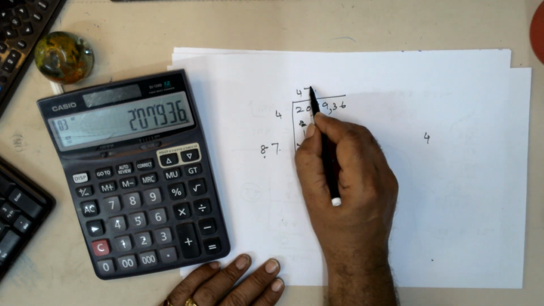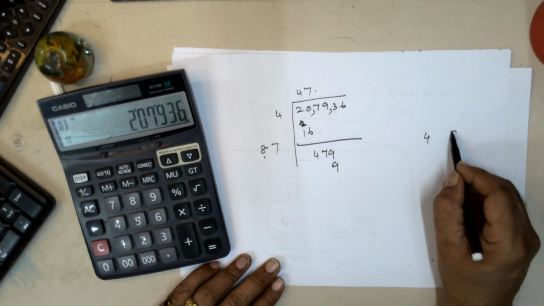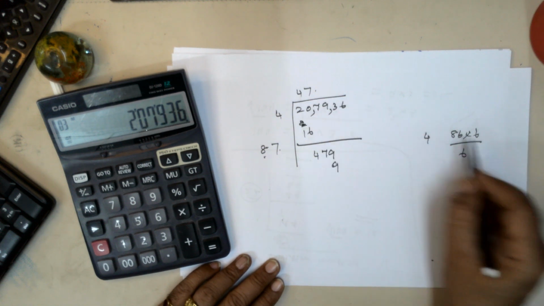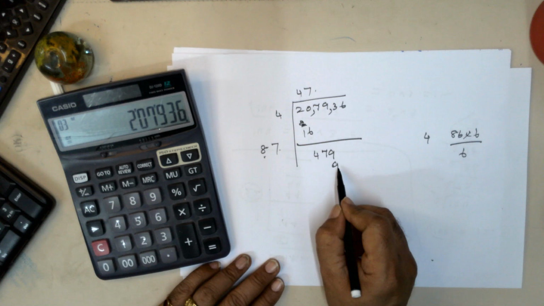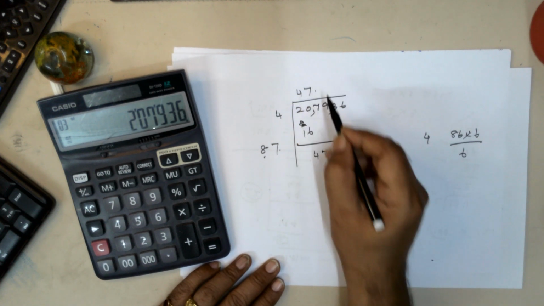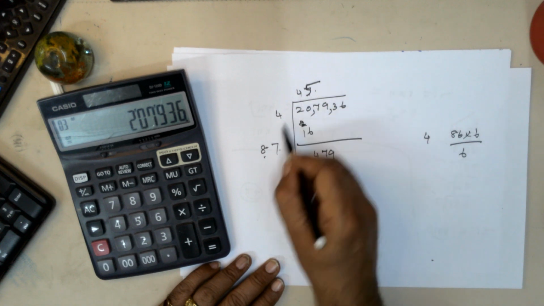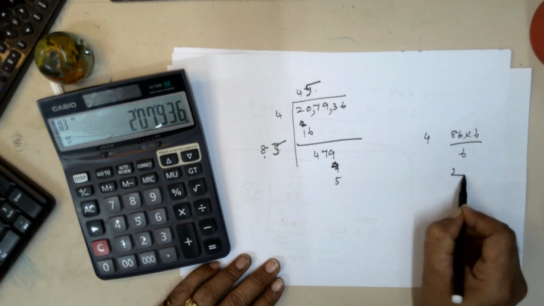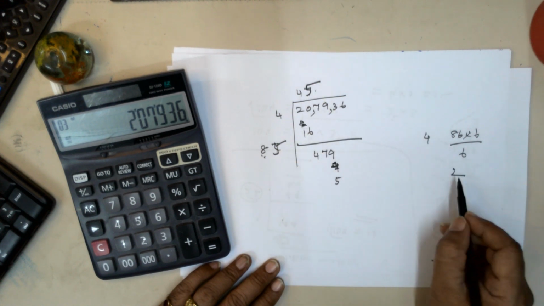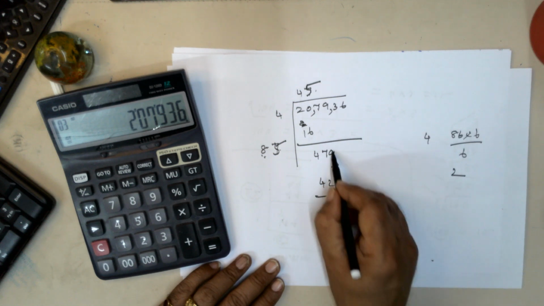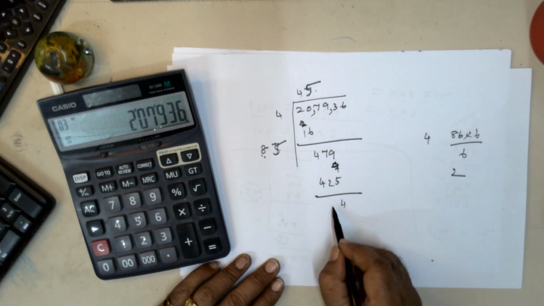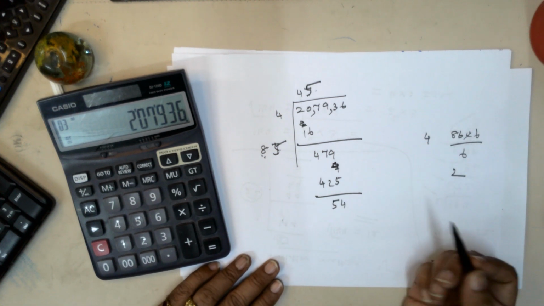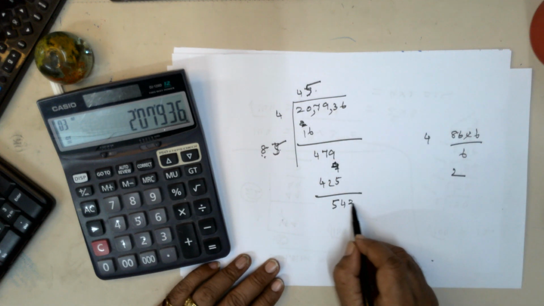So in that case, 6. 86 into 6 is 516, and again it exceeds 479. So I can stop with 5. 5 5s are 25, balance 2, then 5 8s are 40, 42. So 9 minus 5, 4, 47 minus 42, how much? 5, right? Now I can drop this 36.